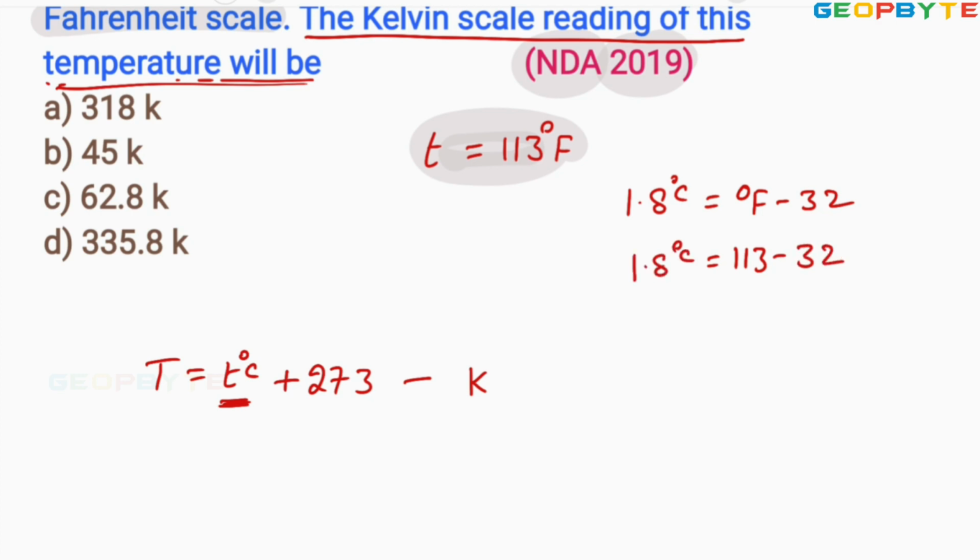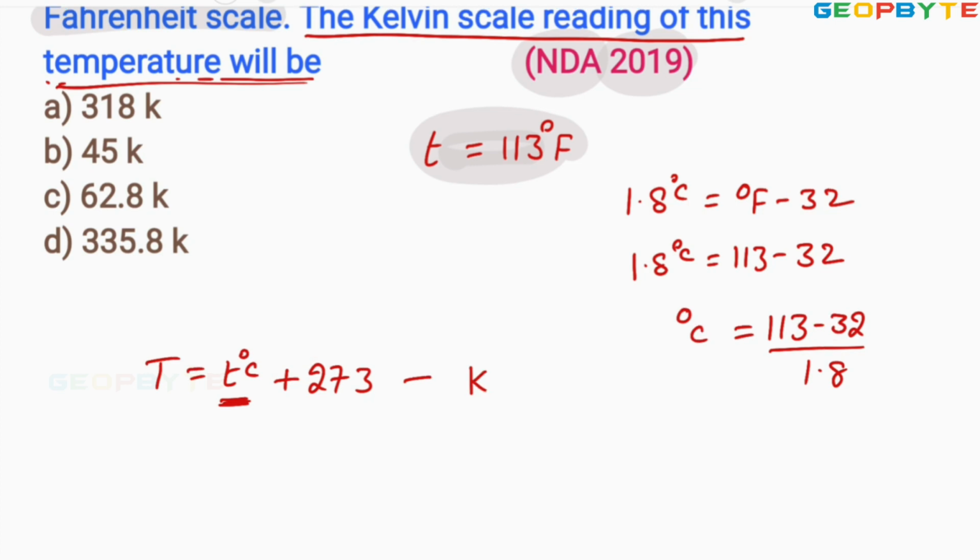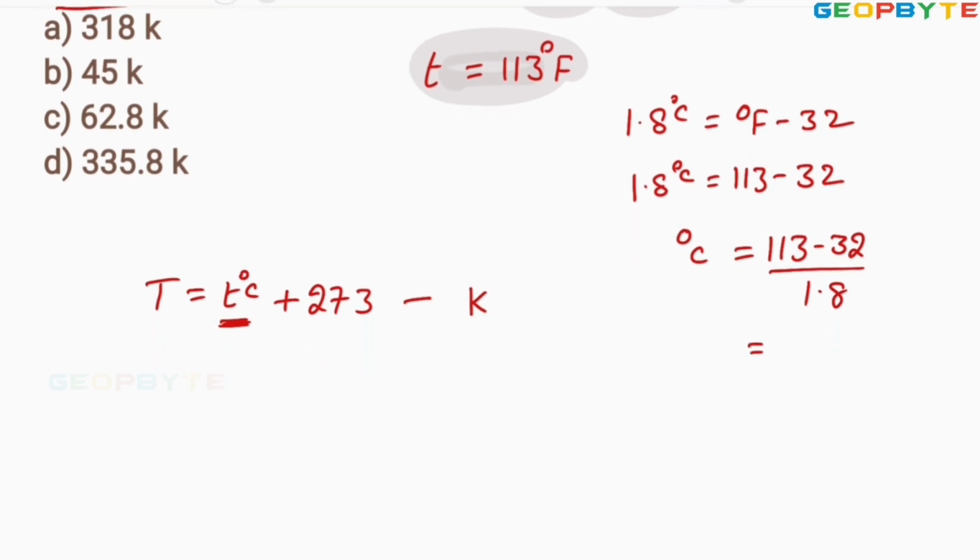Therefore degree centigrade equals 113 minus 32 divided by 1.8. It is equal to 81 divided by 1.8, equal to 45 degree centigrade. It means 113 degree Fahrenheit is equal to 45 degree centigrade.